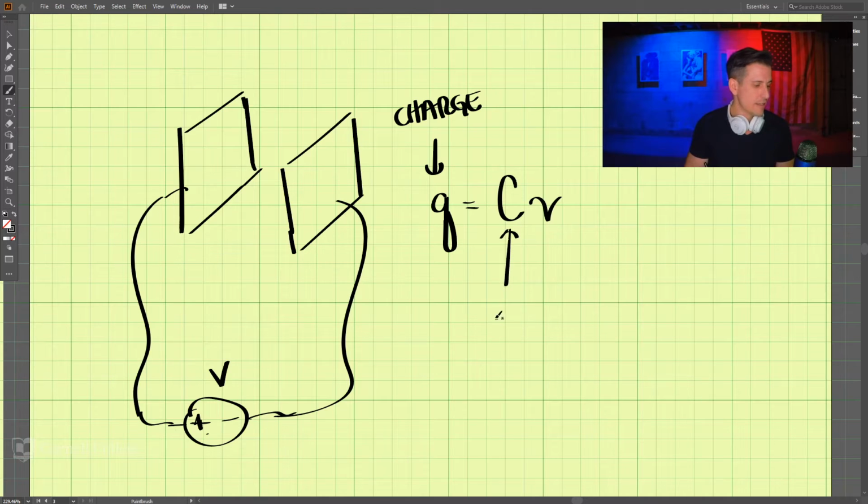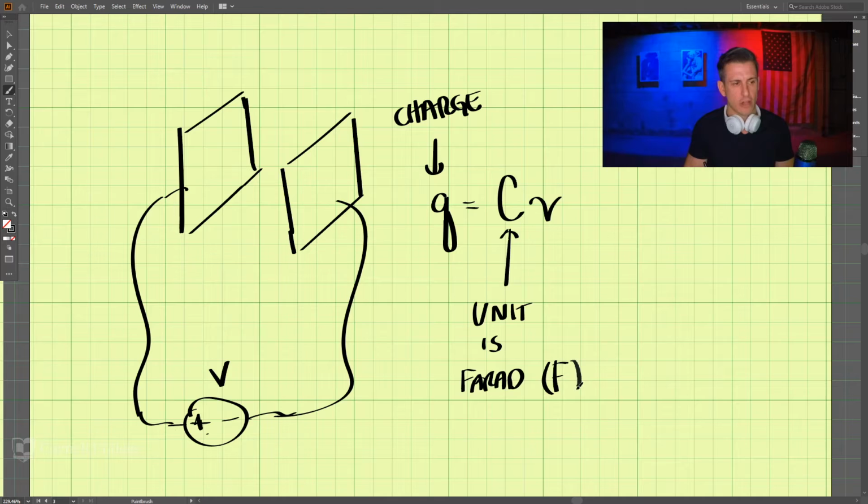And the capacitance is measured in a unit called the farad, and we write it as a capital F. So here we have the unit.